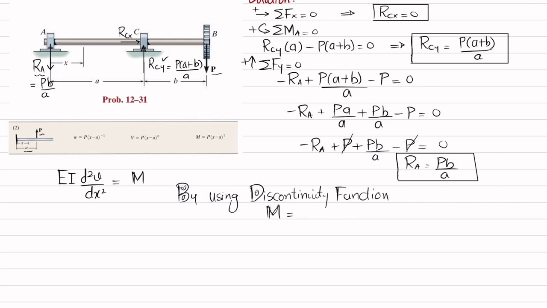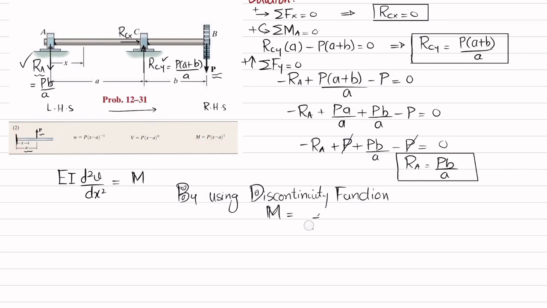We'll start from the left-hand side and move towards the right-hand side, and at the right-hand end you will neglect this load. Starting from this point A, you can see the load is Pb divided by a, and since this P starts from this point and is downward, its moment function is given as P.